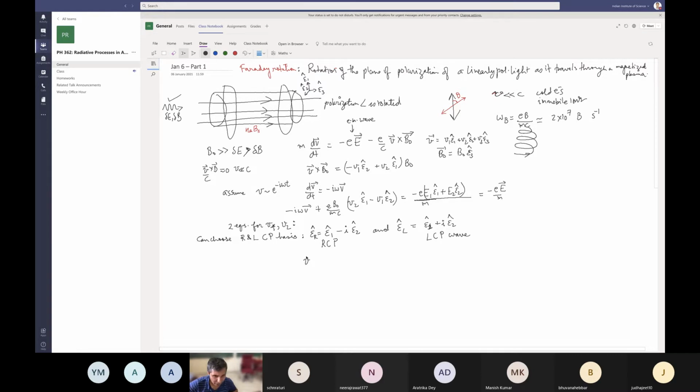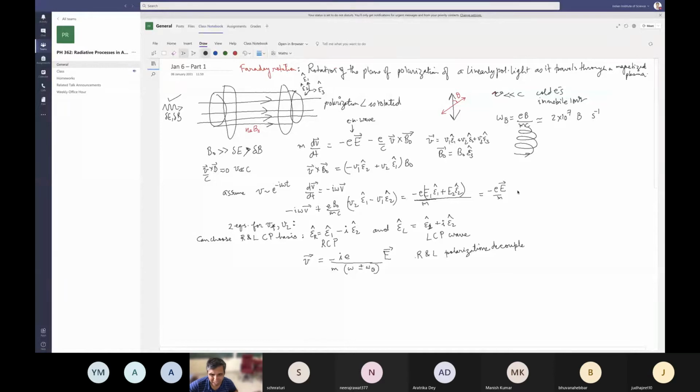This velocity is equal to minus iota E by m times omega plus minus omega b, times the electric field. So the R and L polarizations decouple.